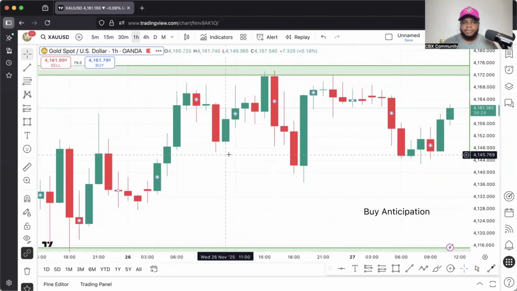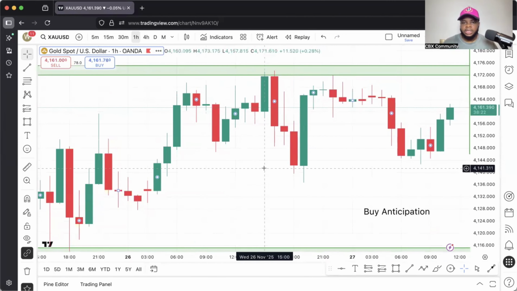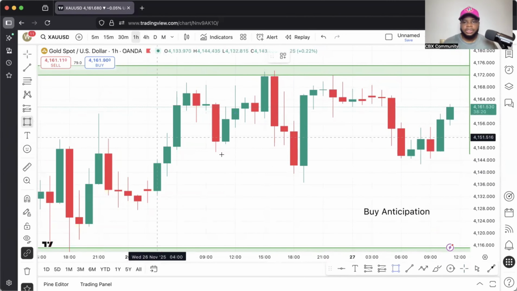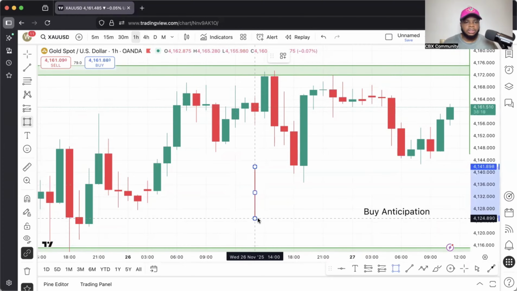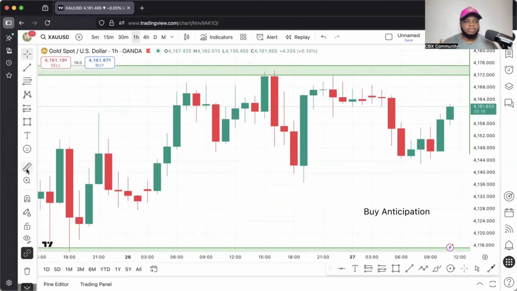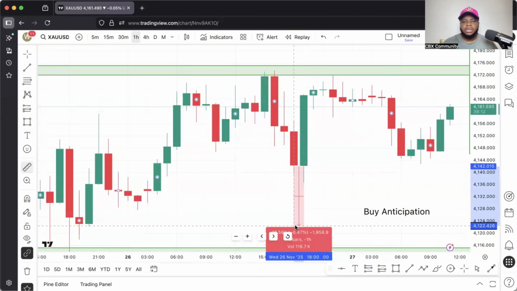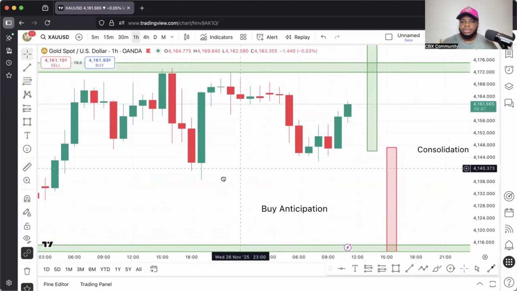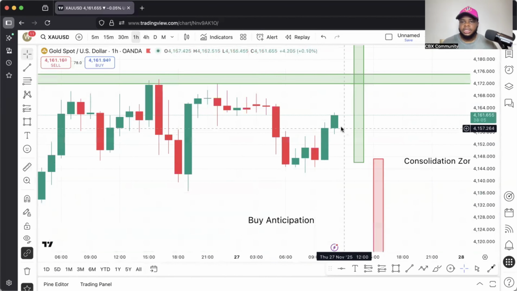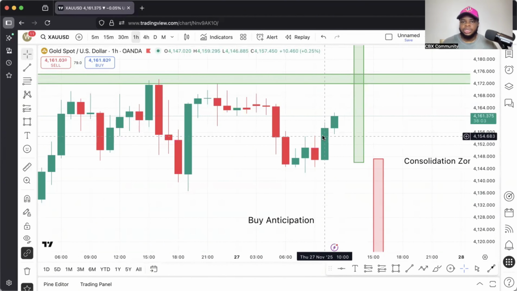we have a support over here and a support over here. So from this support zone down to this support zone, let's use the measurement. From this support zone down to this support zone, we are looking at almost like 195 pips. And this candle has broken the high of this bullish candle over here.